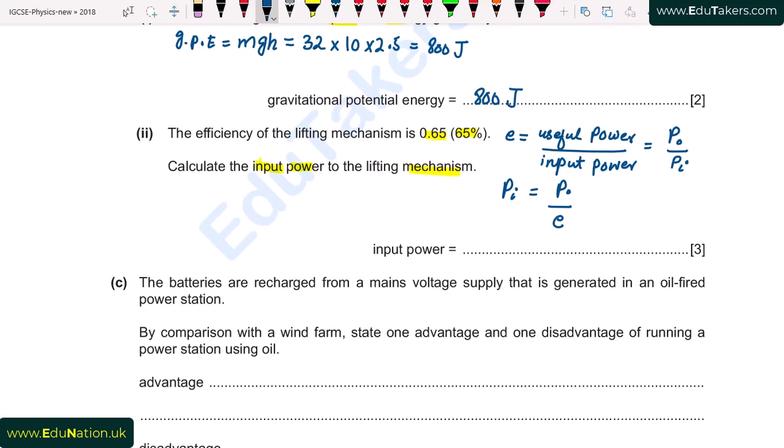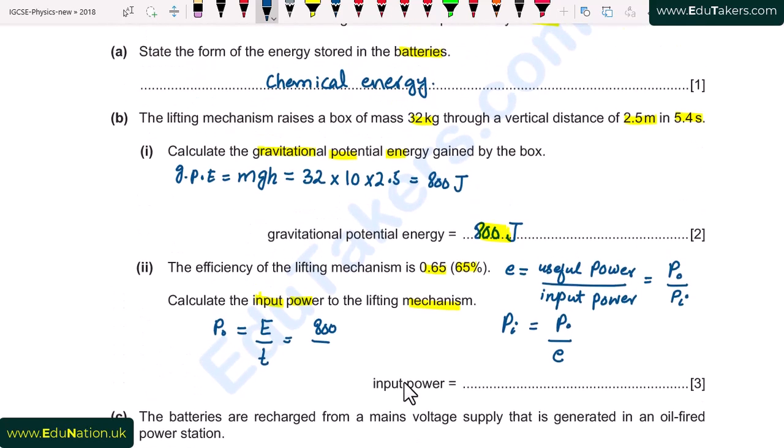So P naught is actually the useful work, and we have to find out the value of this work. We can see here that the gravitational potential energy is equal to 800 joule. So the power will be equal to the rate of doing work. From that we can calculate power. So power P naught will be equal to energy over time. Energy here is 800 divided by time, which is given, that is 5.4 seconds.